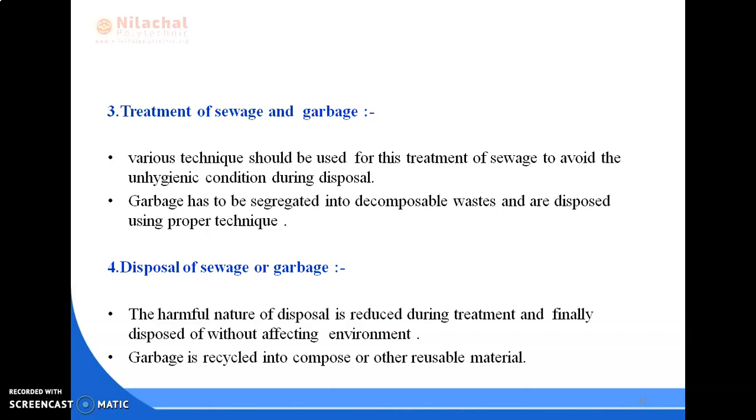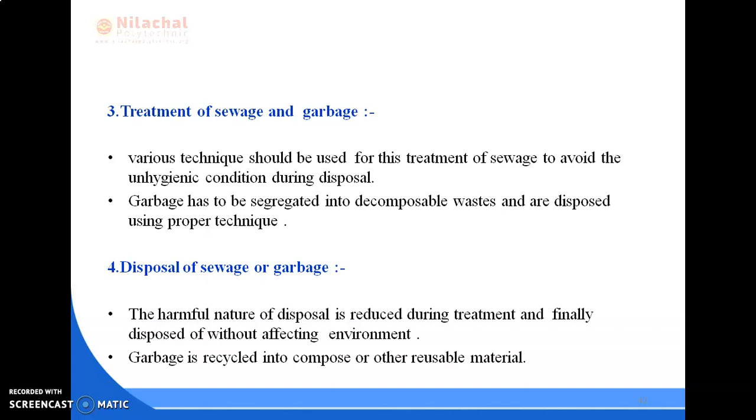The workers separate the waste accordingly. The total treatment of sewage is discussed in the next chapter. We will briefly go through the treatment process of sewage.